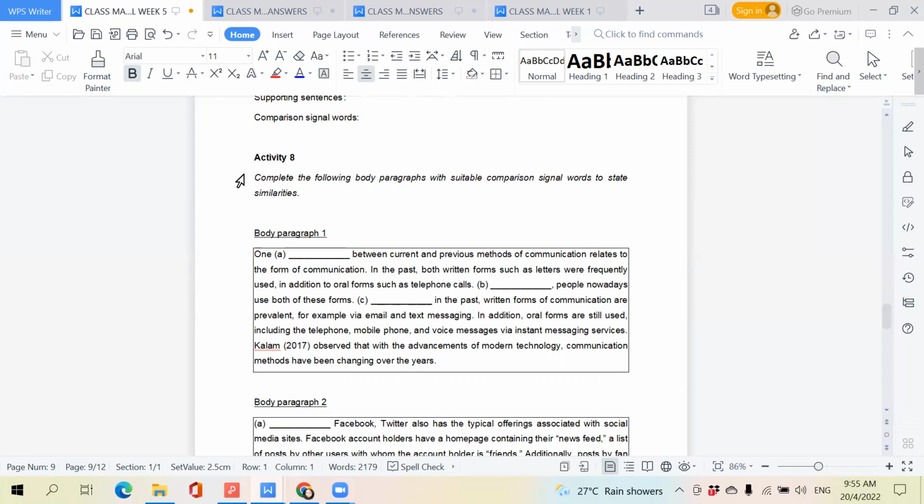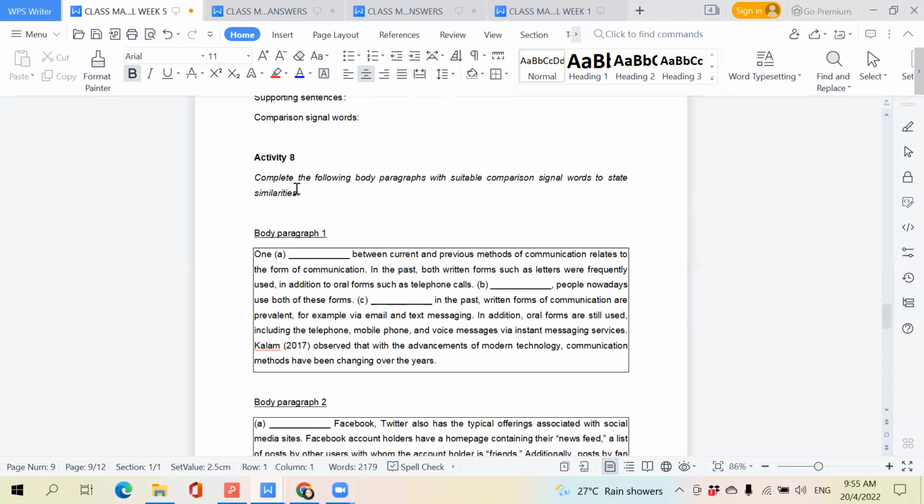However, you have to remember, these transition signal words have different functions and different categories. For example, in addition or moreover is not in the same category as however and but. Why? In addition and moreover are used for adding similar information. However, but, or in contrast are used to indicate contradicting ideas.